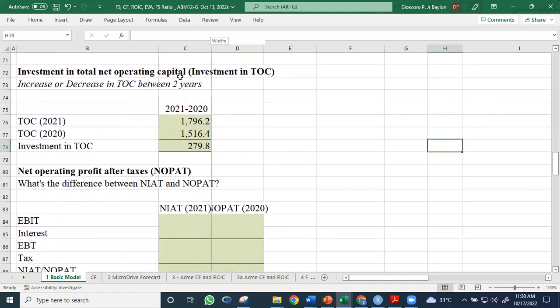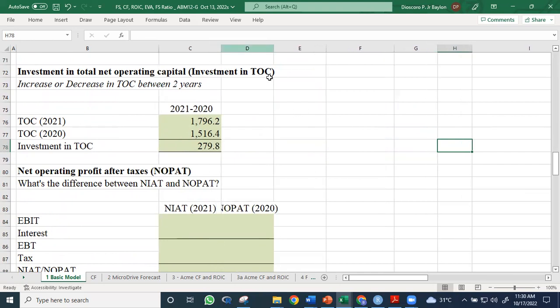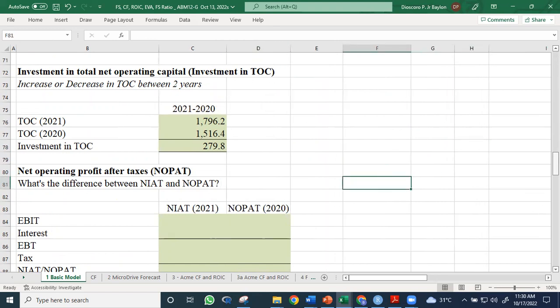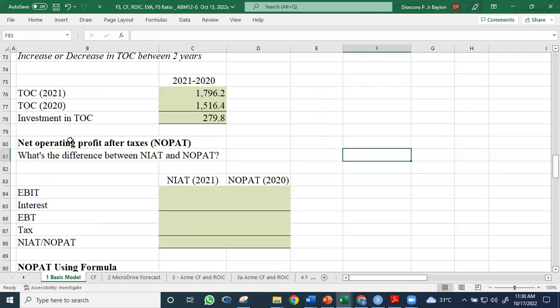Now another one, a very important metric. Here we'd like to compute the NOPAT, net operating profit after tax. To understand NOPAT, let's first take a look at NIAT, net income after tax, and compare the two.